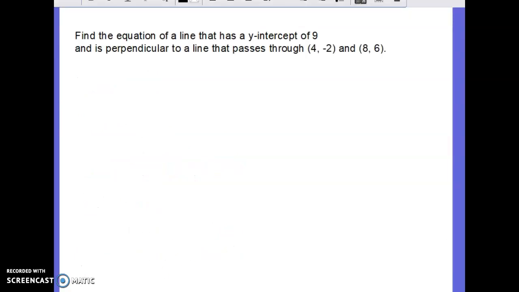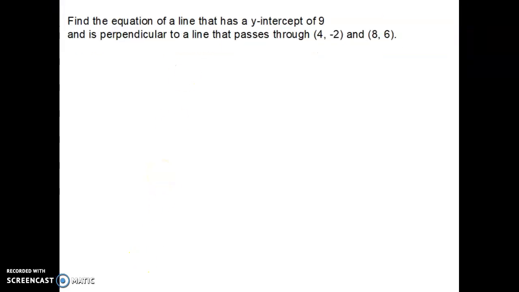Here's one that I feel is even easier than the previous one. We've got to find the equation of a line that has a y-intercept of 9 and is perpendicular to a line that passes through (4, -2) and (8, 6). Some information about this line without having to do any work. It's stated right here. It has a y-intercept of 9.